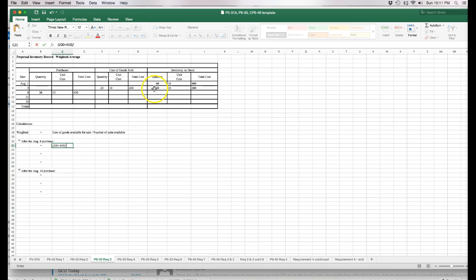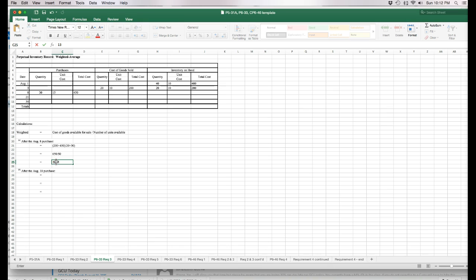We had 20 units inventory on hand, and then we purchased 30 more, so we add 30 there. We do the calculation: 200 plus 450 equals 650, divided by 20 plus 30, which equals 50. When we do that calculation, 650 divided by 50, we come up with a dollar amount of $13.